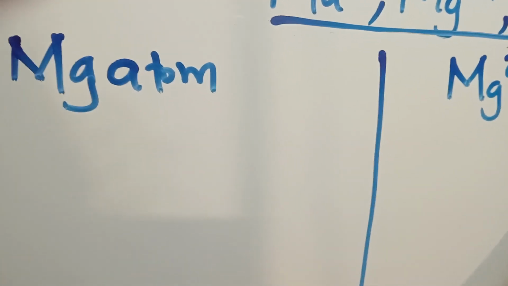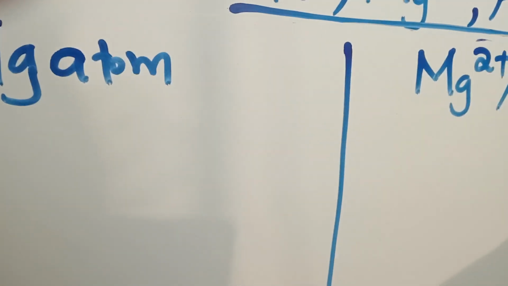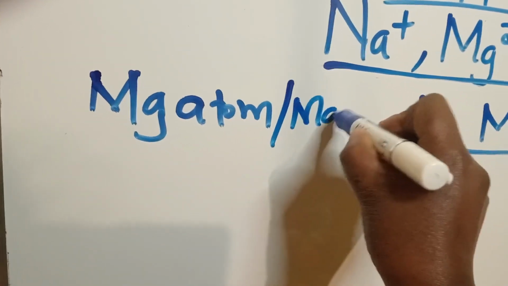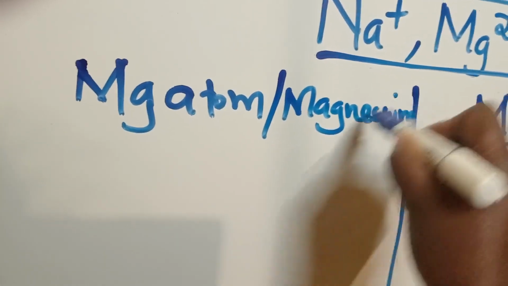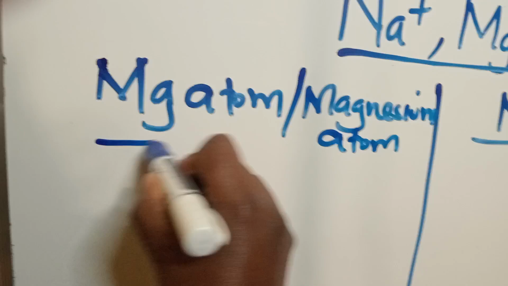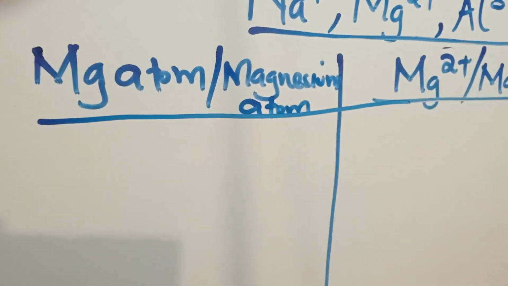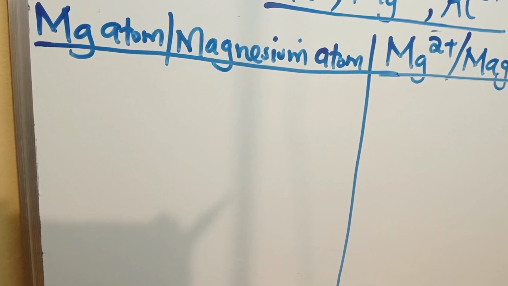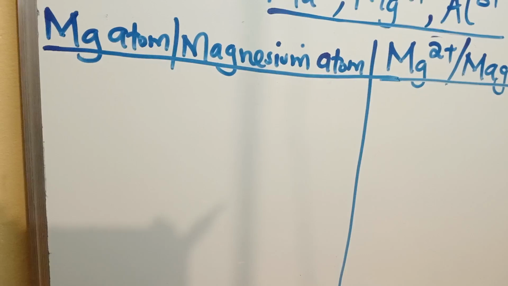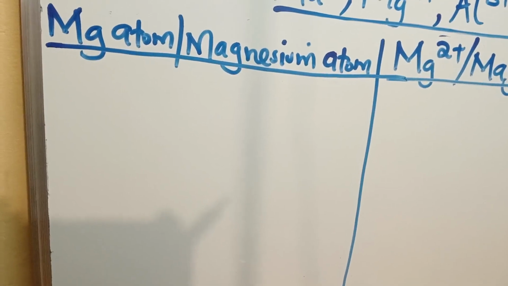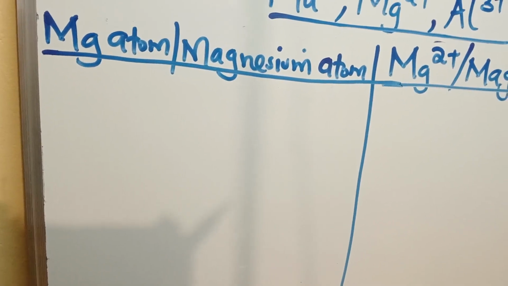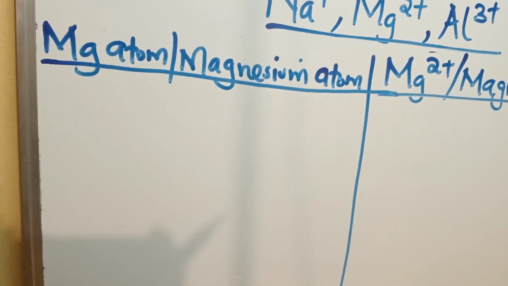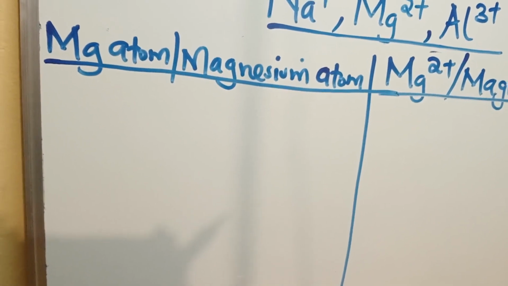This side we have as magnesium atom. Next we are going to write downwards, vertically downwards, the number of positives, which are 12, and the number of negatives, which are also 12, because as we said last time, an atom is electrically neutral, and the reason is the number of protons and the number of electrons are equal.